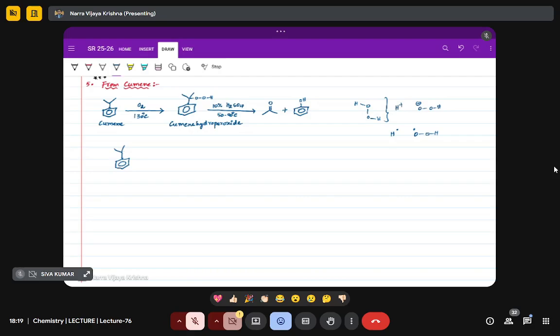Carbocations and radicals have almost similar stability order. So I am bringing that H radical here and this OH radical here. There is bond formation here and H2 is gone. Possible or not? Acceptable? Right. So I can do this by using a radical mechanism, or I can form it through an ionic mechanism.